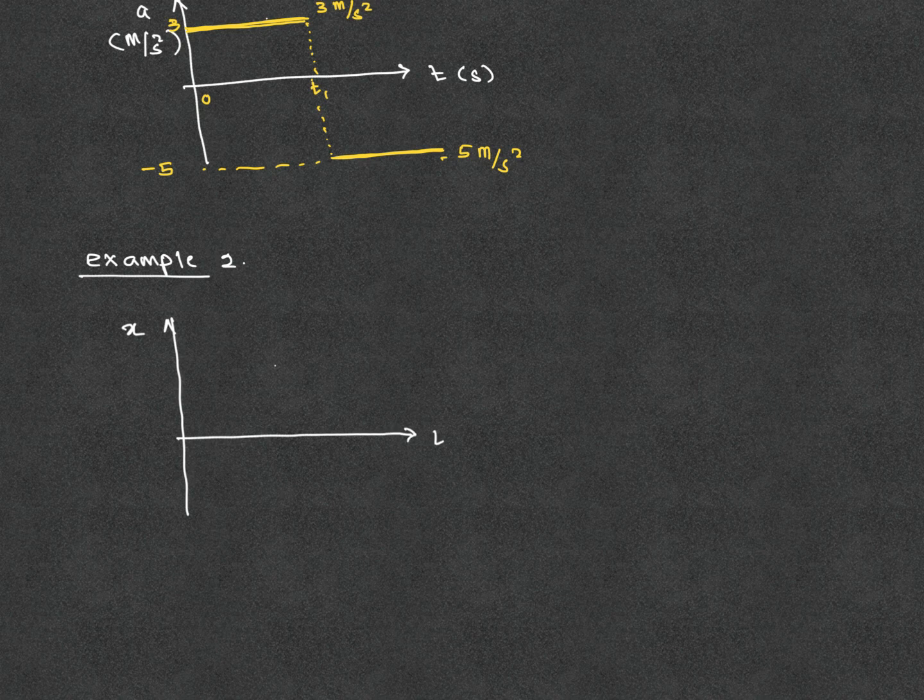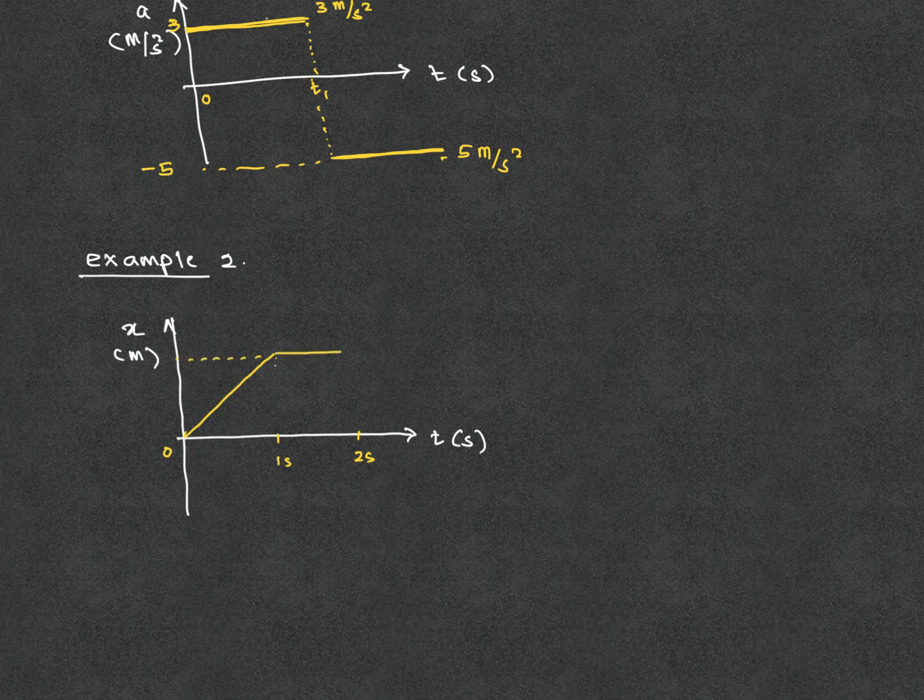This is x, and then the x can change like this. From t equals 0 to, let's say, 1 second, you can have a constant positive velocity. And then from 1 to 2 seconds, nothing is going to happen, and the displacement stays constant.